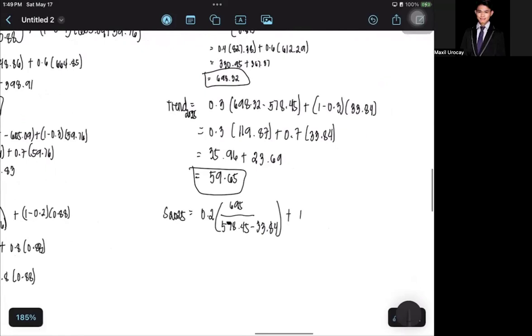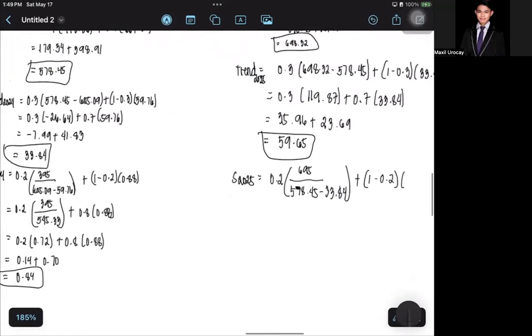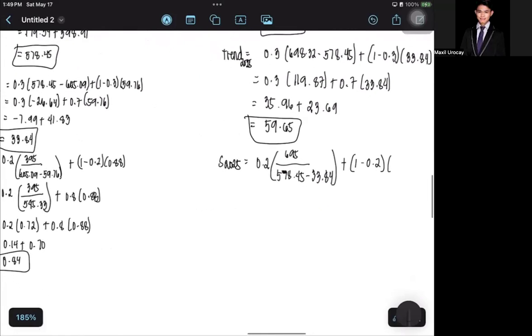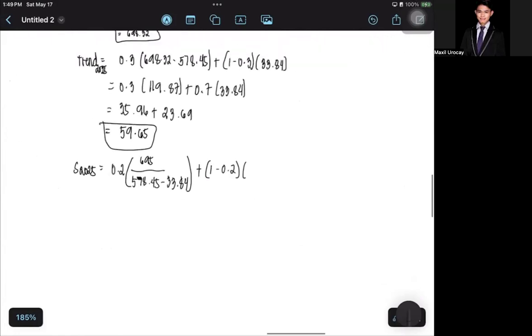Plus the smoothing parameter 1 minus 0.2, and then times the previous seasonality, which is 0.84.